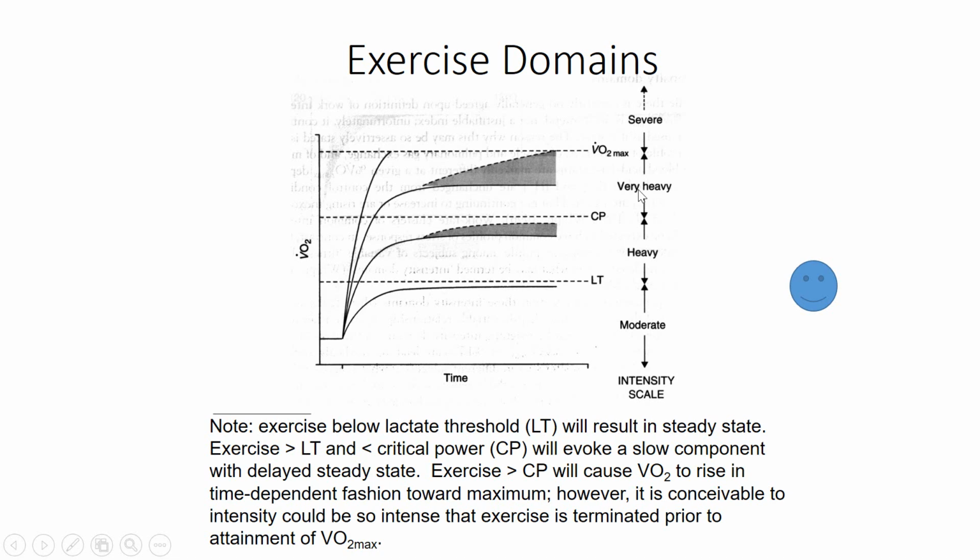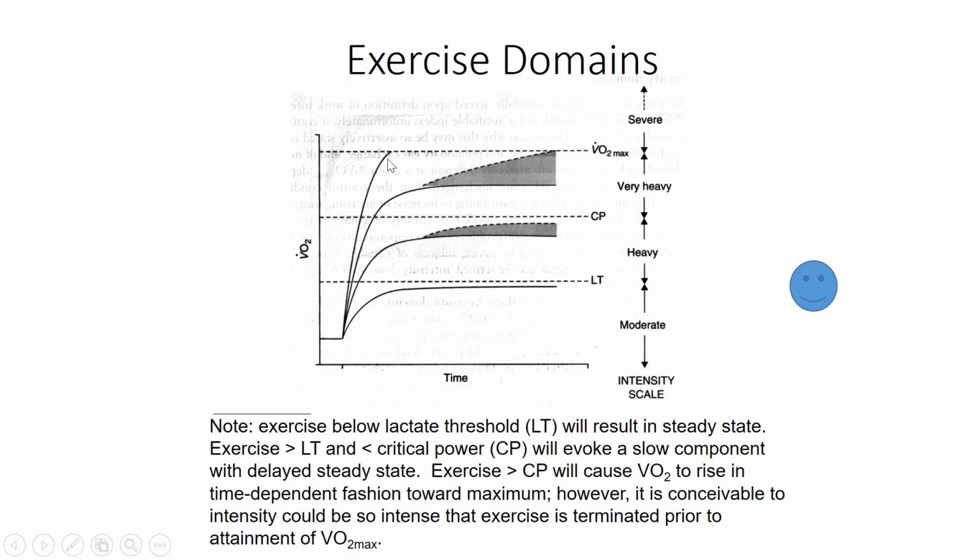Actually, this scale has been renamed. It should be moderate, heavy, severe, and then extreme. I'm sorry I didn't catch that beforehand. This is an old figure. The other error in this figure is that the VO2 is touching VO2 max.